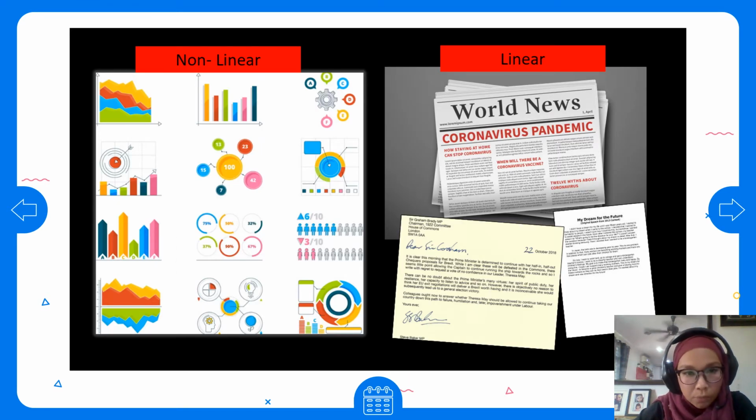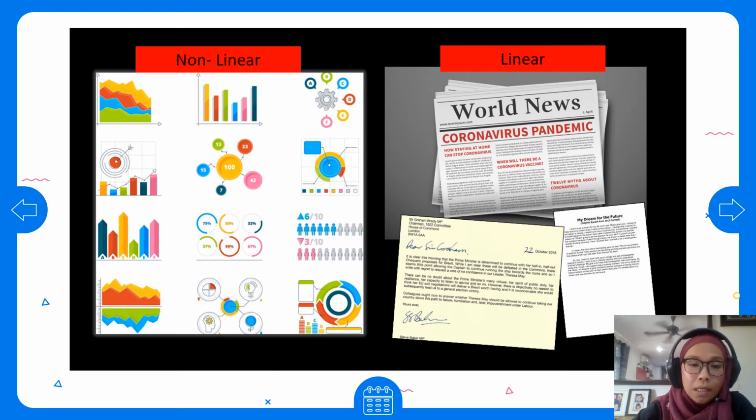Next. In process and procedure, as we have looked at in the previous slide, the first one is a non-linear form of explaining or describing the process and procedure.